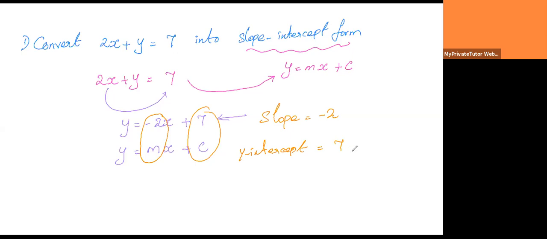So how do you convert? Just isolate. What do you mean by isolate? Keep y on one side and move the other terms to the right side of the equation. Okay, let's try one more.